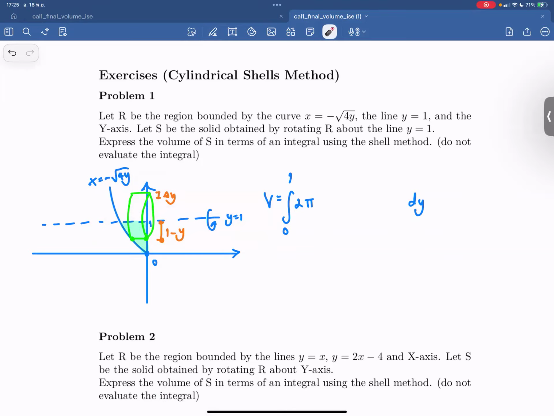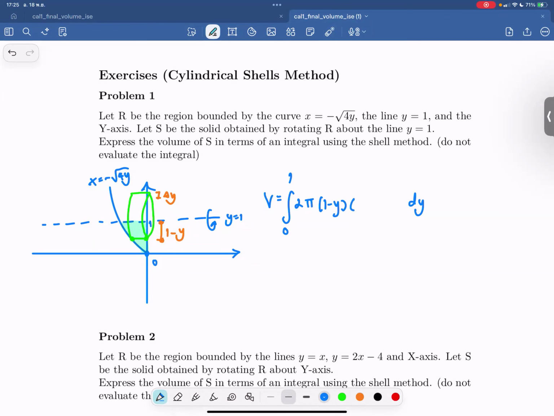Why is that? Because when you have the value of y over here and 1 over here, the radius is here. You have to bring 1 minus y to be your radius, which is the orange segment over here. So the radius is 1 minus y.